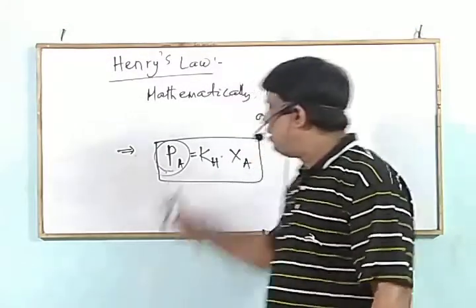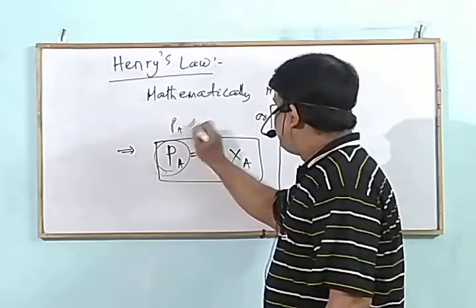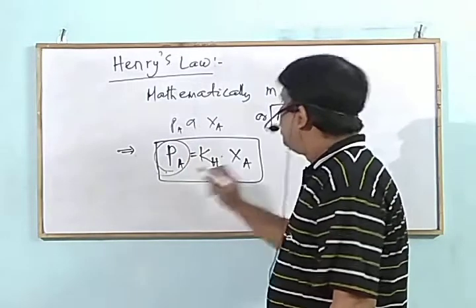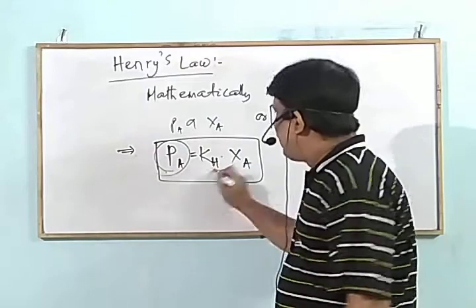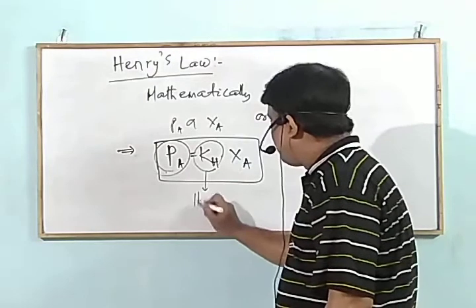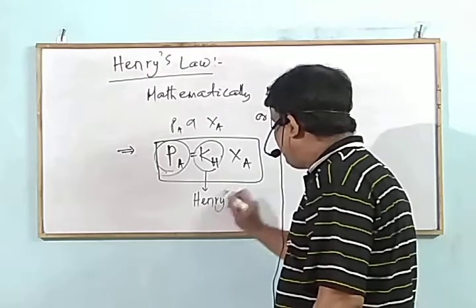So mathematically, PA is proportional to XA, or PA is equal to KH into XA, where KH is a proportionality constant known as Henry constant.